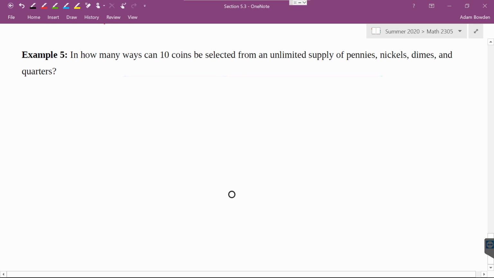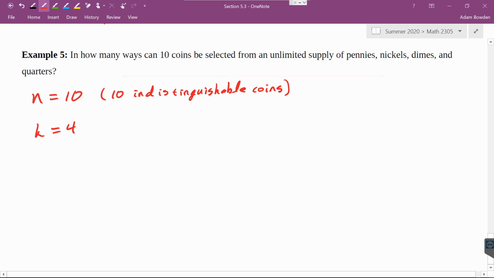Now lastly here it says, in how many ways can 10 coins be selected from an unlimited supply of pennies, nickels, dimes, and quarters? So this is similar to what we were doing in the last ones, but we're going the other way around. We're selecting from 4 different groups, and there are 10 coins to be selected. So this works out to be n equals 10 indistinguishable coins, and there are k equals 4 for the different types of coins.